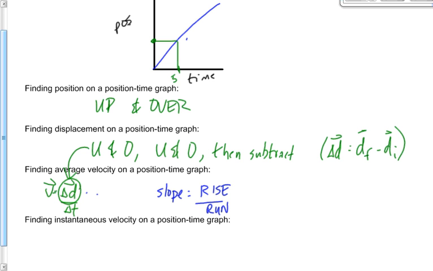If the average velocity between here and here is let's say 15 meters per second, but it's a constant velocity, then what's the instantaneous velocity going to be here or here or here or here? It's the same. If it's a constant velocity, the instantaneous has to be the same as the average. So I'm just going to say same as average if it's a straight line. Now, if it's not a straight line, all bets are off there, and I'll show you how to do that next week, okay?